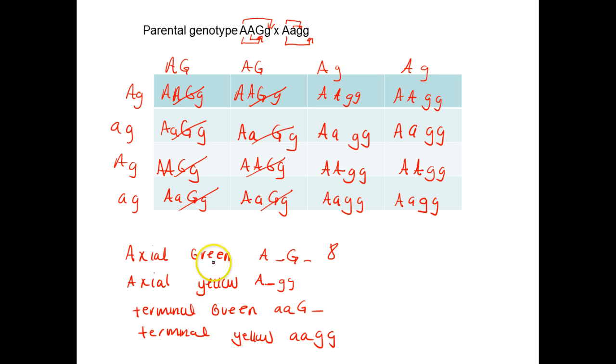Okay, axial yellow, axial yellow, axial yellow, axial yellow, axial yellow, axial yellow, axial yellow, axial yellow, and that's going to be 8. And we have 0 terminal green and 0 terminal yellow. So our phenotypic ratio is 8 to 8 to 0 to 0.